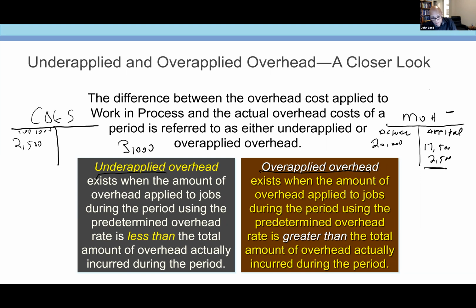That extra debit that I didn't put into my work in process, and therefore into my finished goods, and therefore into my cost of goods sold, I catch up by putting it straight into cost of goods sold. Now I've applied all of my actual overhead, haven't I? Got it over there in cost of goods sold. Right?